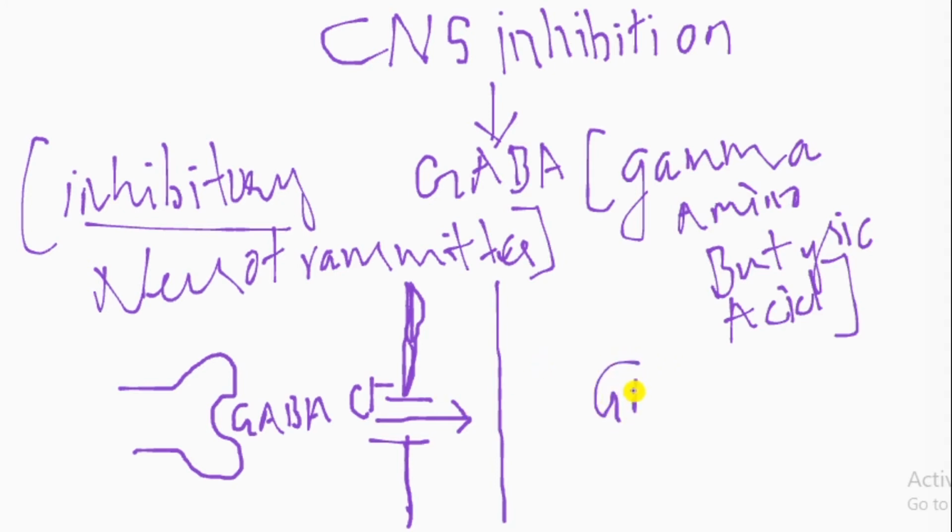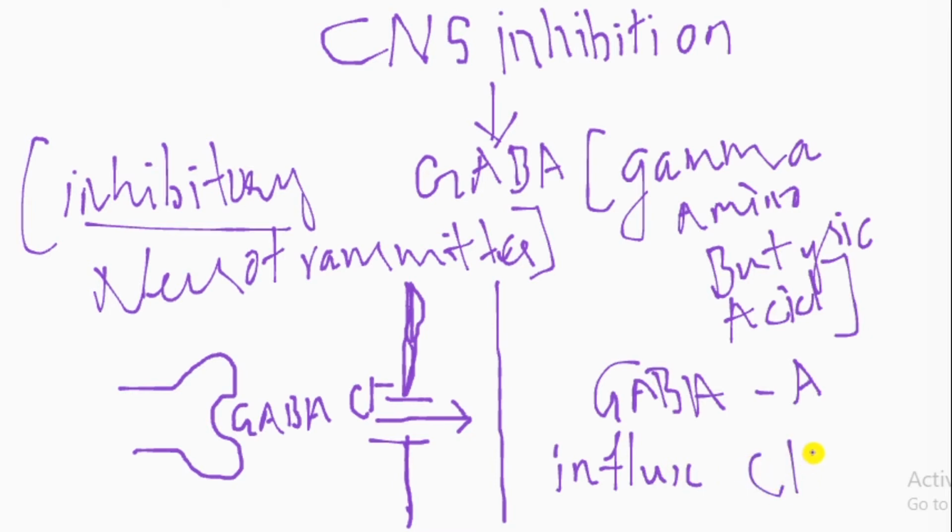It acts on a receptor known as the GABA A receptor, which leads to an increased influx of chloride ions.